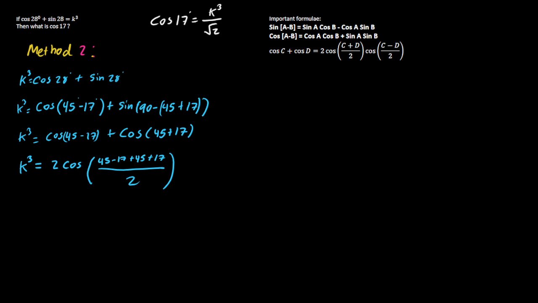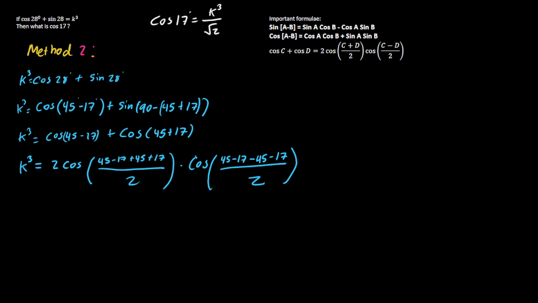And then we multiply this by cos 45 minus 17 minus 45 plus 17. Or if we distribute the minus throughout the brackets, we get 45 minus 17 minus 45 minus 17. And that's all over 2.